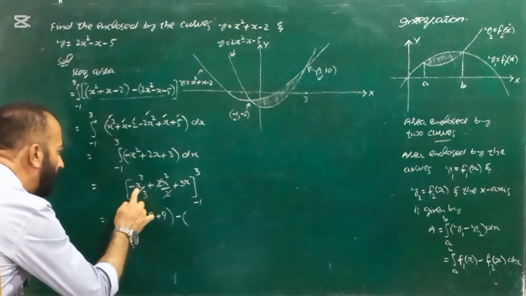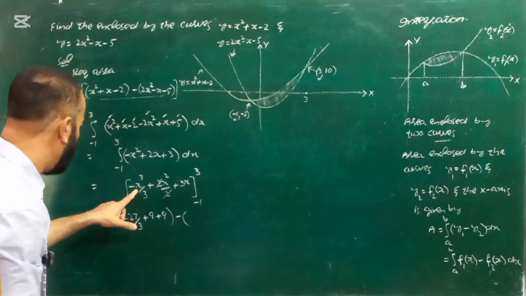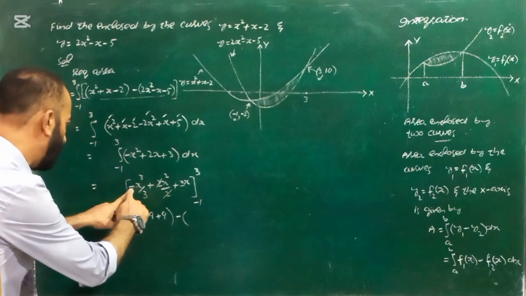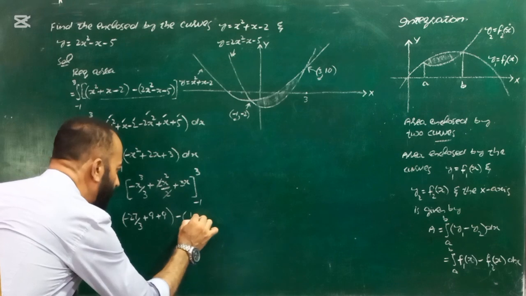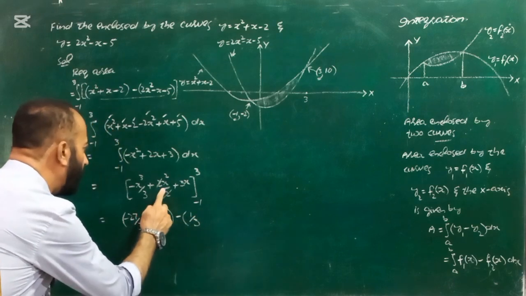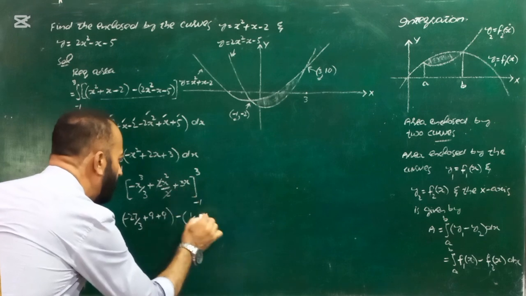So it will be minus, and this minus will make it plus, so 1 by 3 plus 1, and this will be minus 3.